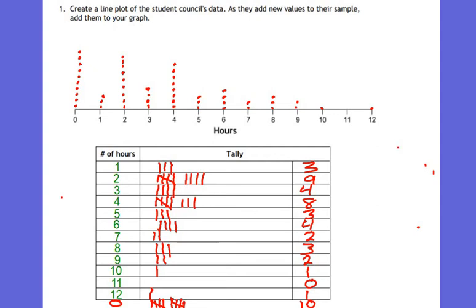The left, because it's heavier in this left section here, and then it kind of trickles down to hardly anybody the more hours you study a week. So the line graph is able to tell me how my data is spread out. It could give me some information. It's very easy to make as well, right? You're just putting points.